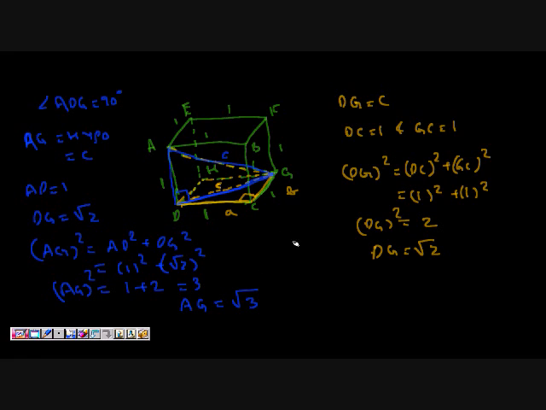Let's say instead of length 1, we are given a length of 2 for the sides of the cube. So each of the sides of the cube has a length 2 instead of 1.